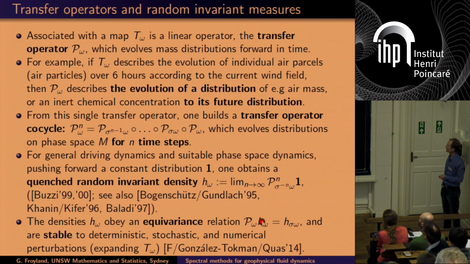So if you take the density at time omega and you push it with the omegath operator, then you get the next density. And they're stable to deterministic, stochastic, and numerical perturbations, all of these reasonably general, in the case where the map is expanding. Okay? That's also the case I'm talking about here in Vous. This is the case where the map is expanding in all phase-space dimensions.